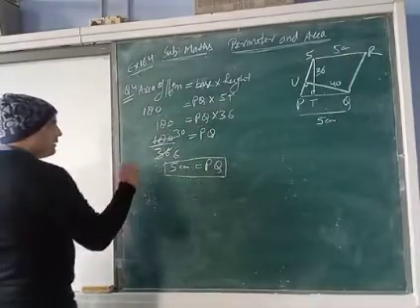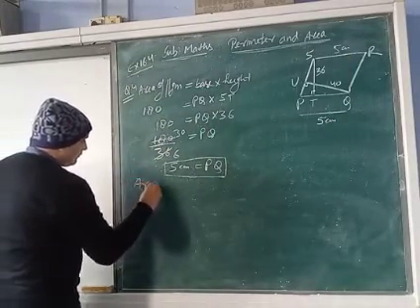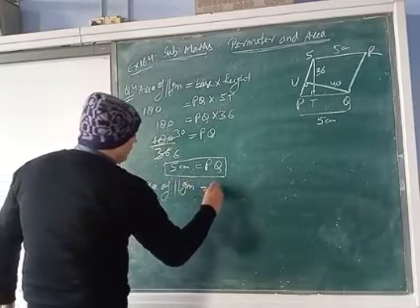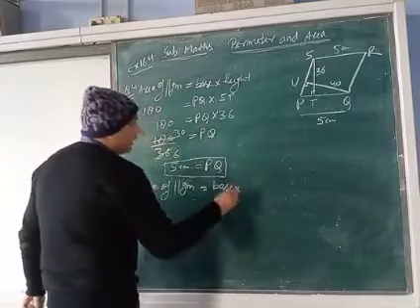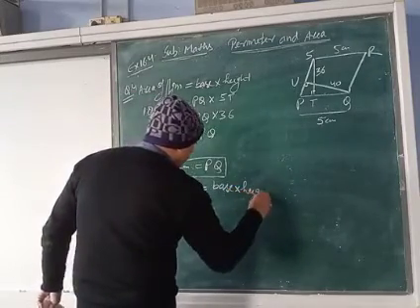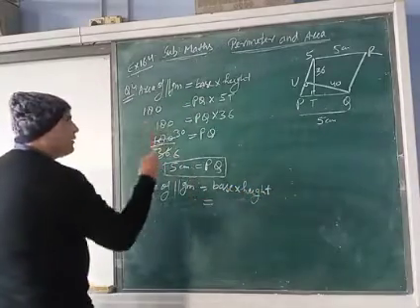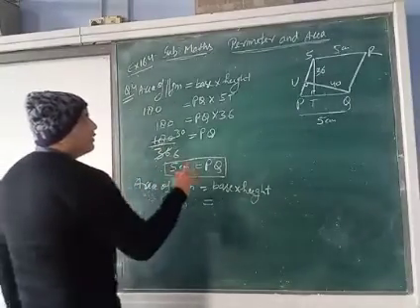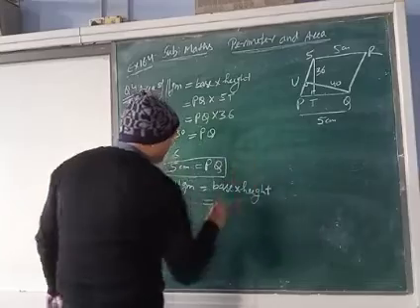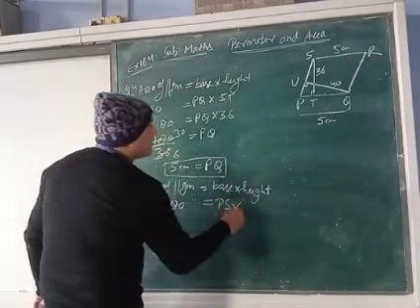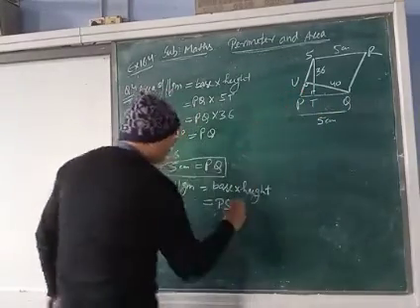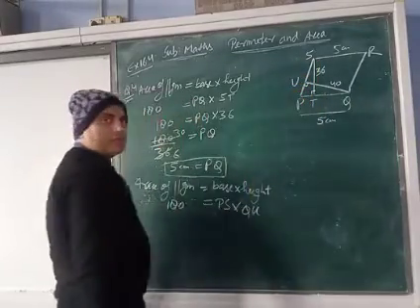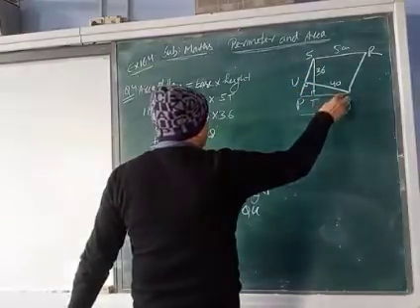Next, again same problem, taking area of parallelogram same base into height. The same parallelogram, therefore same area, 180. Now we will take base as PS, and the perpendicular will be QU. Why are we taking QU? Because when we take base as PS, then the perpendicular altitude will be QU.